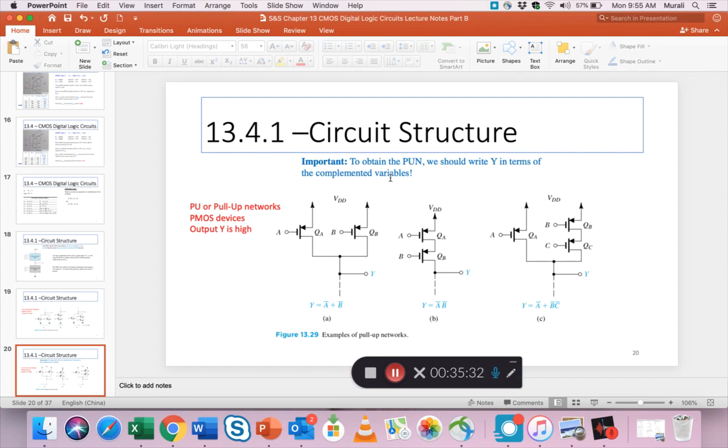Now we already did some work with the NOR and the NAND. I showed you an actual NOR and NAND using two PMOS and two NMOS devices, and we were able to easily understand why we need a series and why we need a parallel, right?